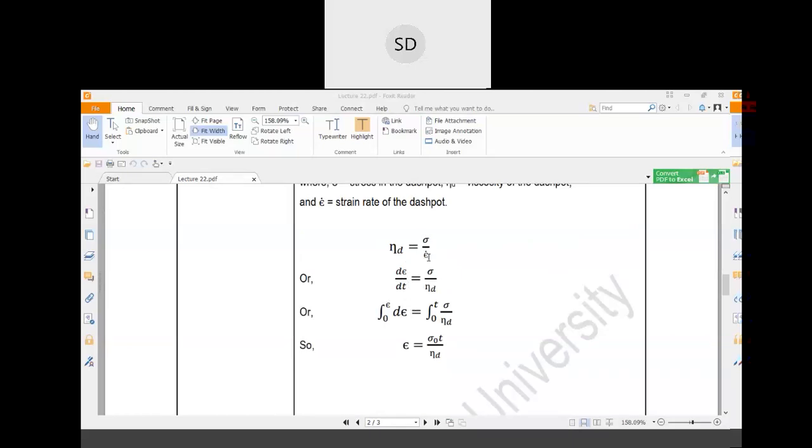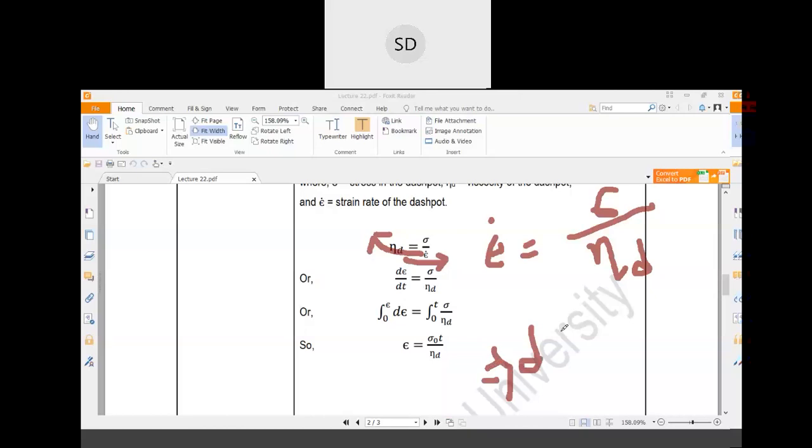If you move it over there and put it over there, you can write down that this form is nothing but the rate of strain.